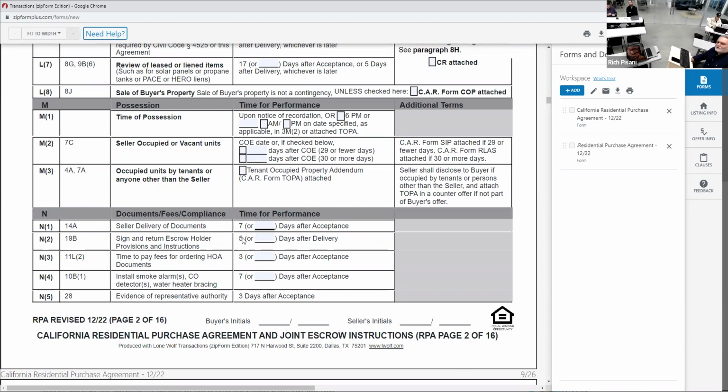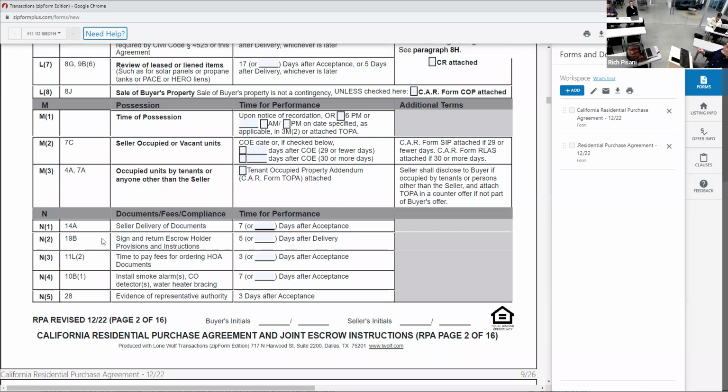Sign and return escrow holder provisions and instructions. People sit on this paperwork for some reason, I don't know why, but buyers, once they get the escrow instructions and everything, they need to return that stuff really fast. So they have 5 days to do it once they get it.